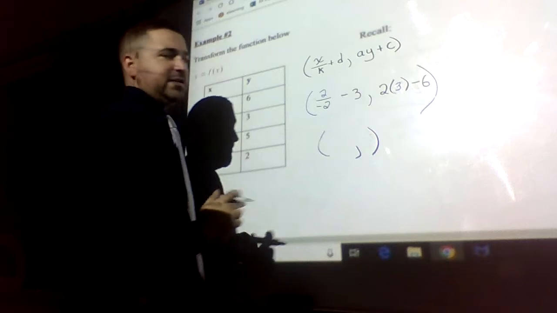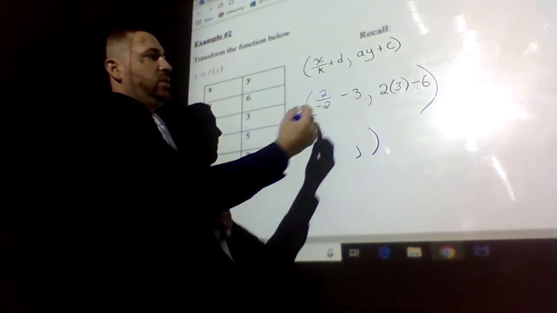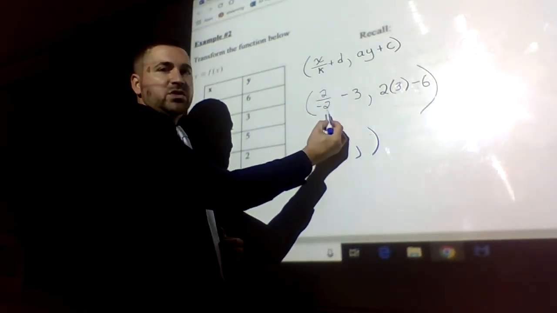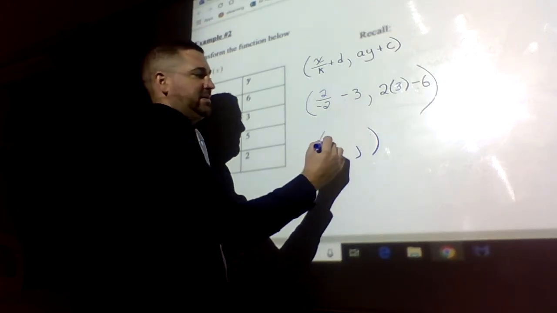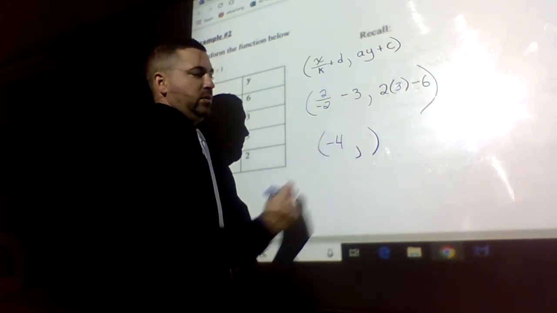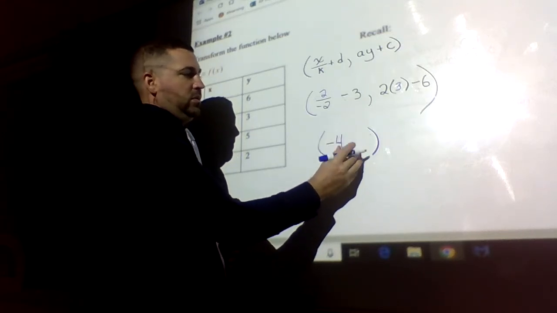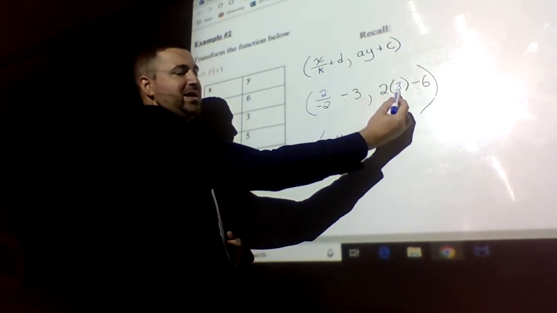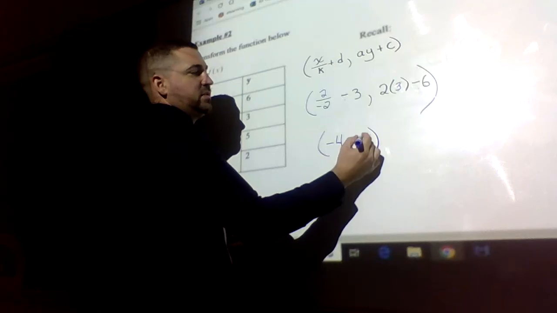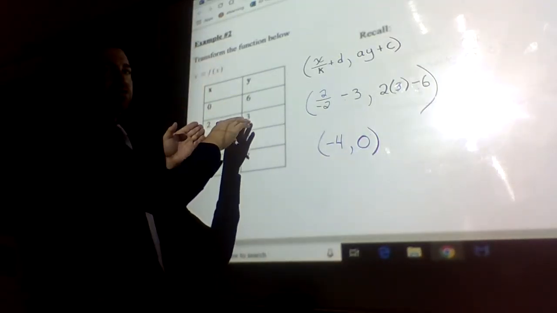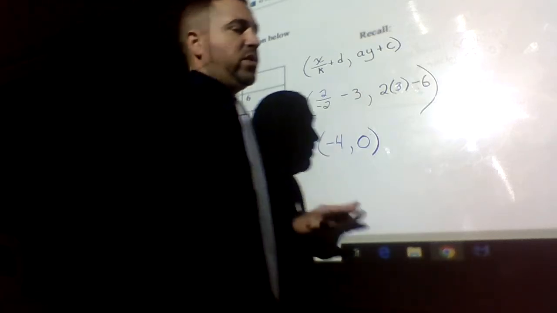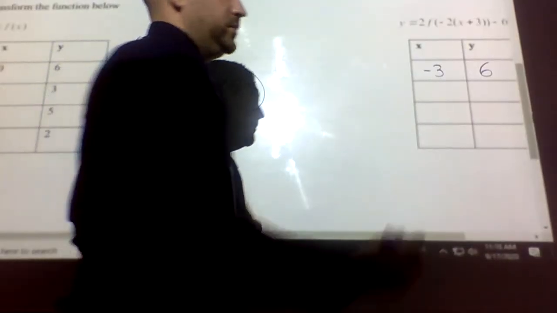So now we're transforming the second point. 2 divided by -2 is -1. Subtract 3 is -4. 2 times 3 is 6. Subtract 6 is 0. So our 2 and 3 after the transformations become -4 and 0.